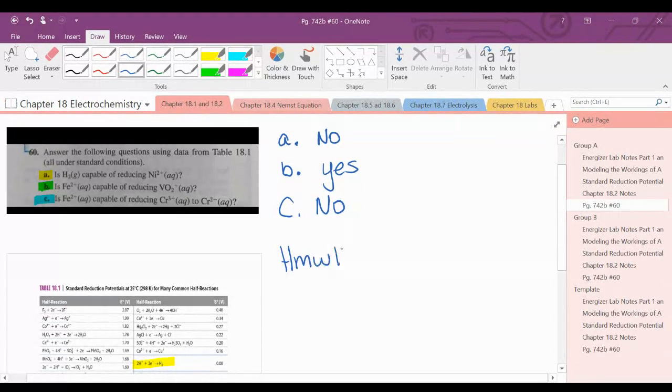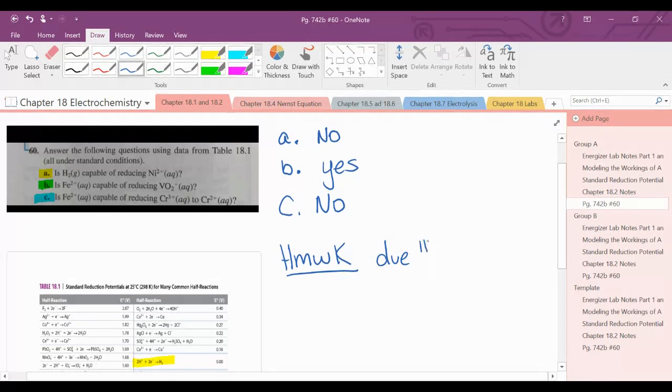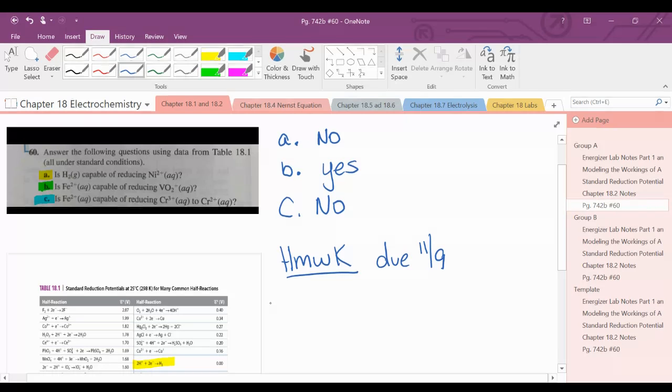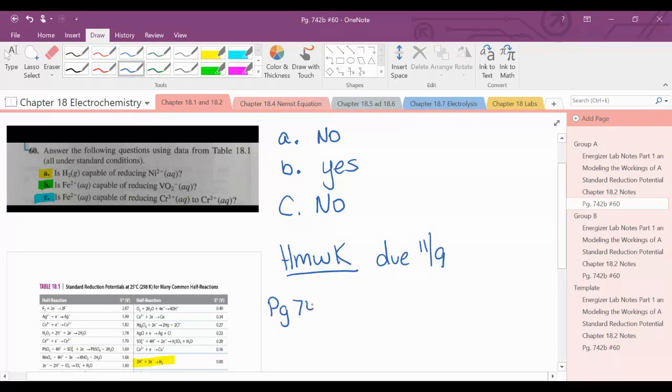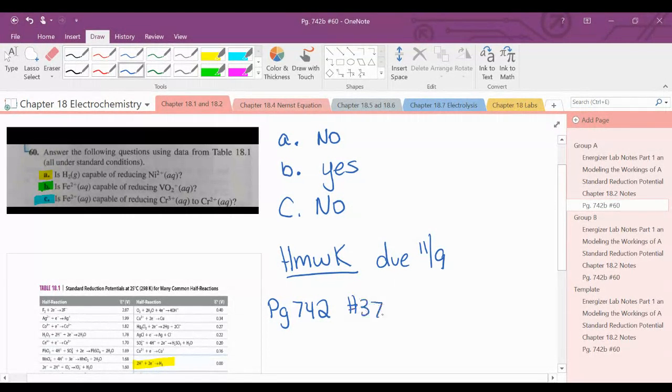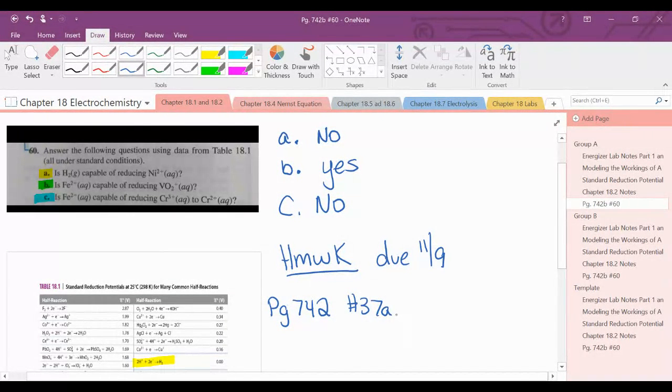So here's your homework, which is due Monday. Along with that silver problem you had to do, you need to do page 742, number 37A, 39, 43, 57, and 59.